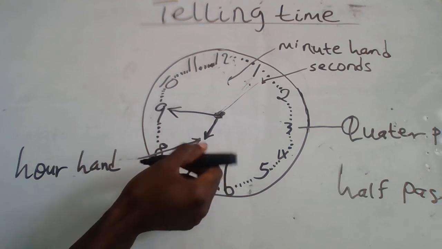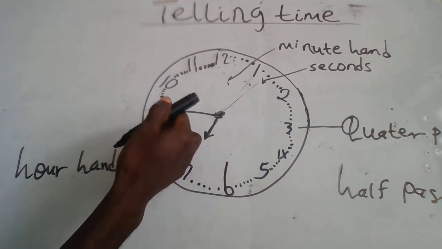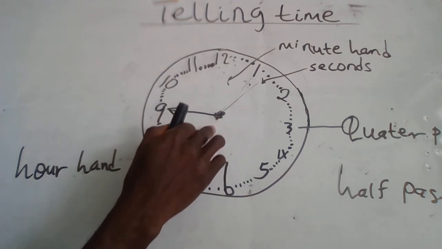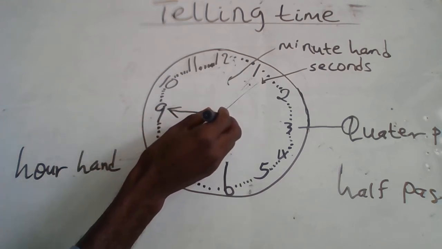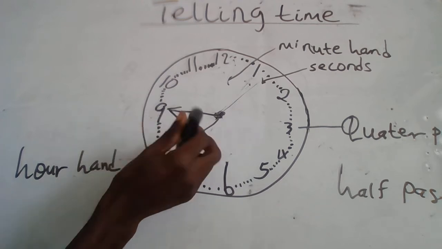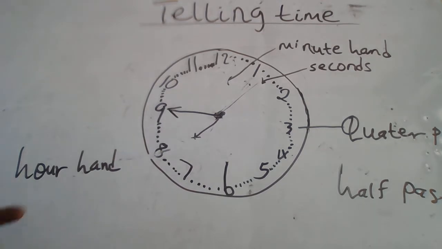Now at that moment, the hour hand will not remain in the same place. It will also be changing its position a little. It will be moving close to 8.